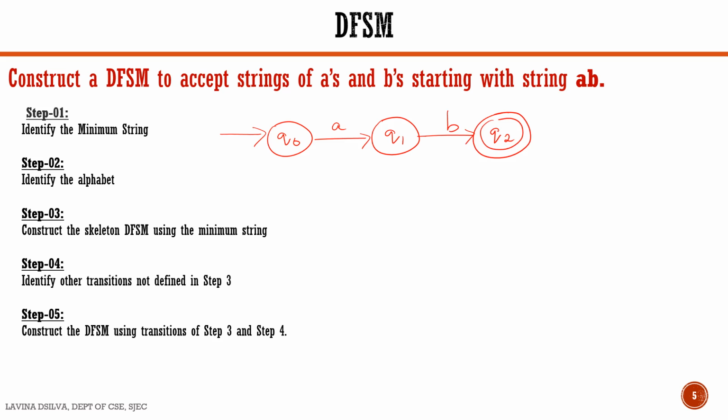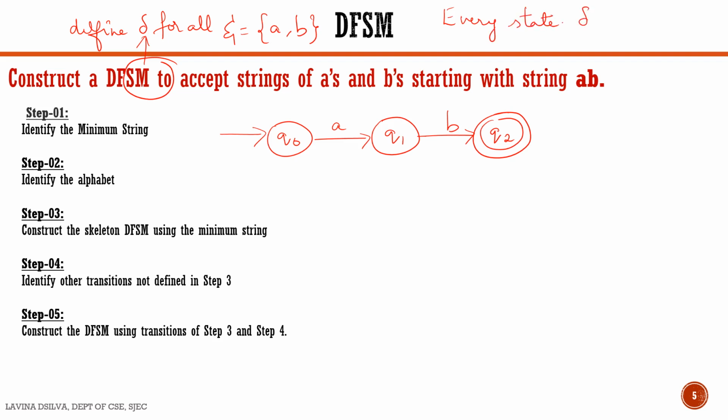Since it is a DFSM, we have to define transitions for all input alphabets, right? So we have two input symbols, that is A and B, and on every state we need to define a transition for A as well as B.